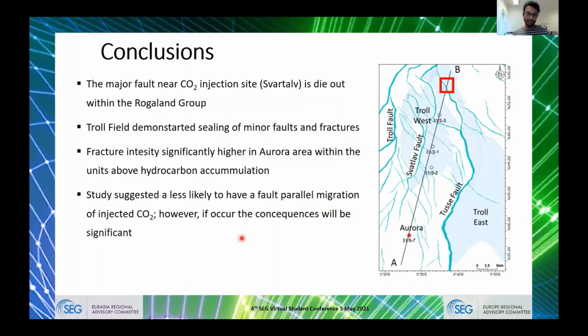So based on our analysis, we recommend a detailed overburden characterization, which I have already started, to prevent any unwanted incident in future when we really inject CO2 into that area, in the Aurora area, somewhere here. That's my presentation.